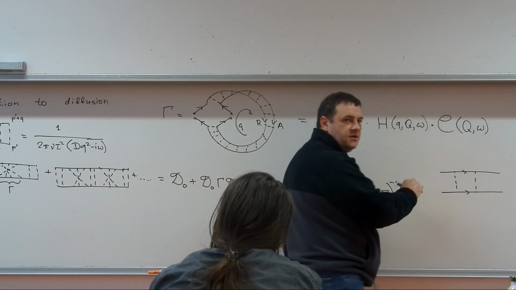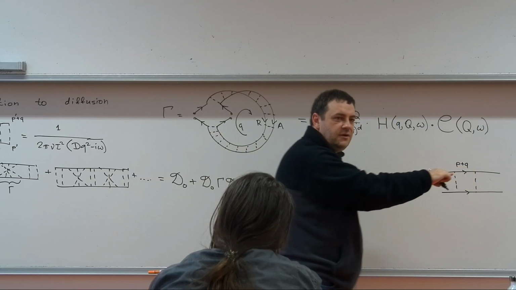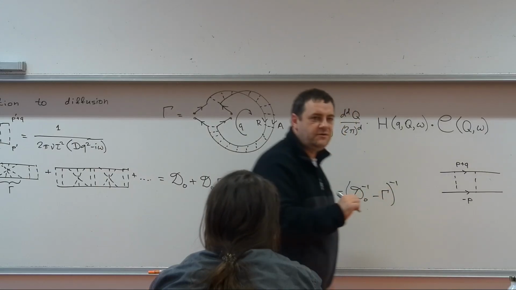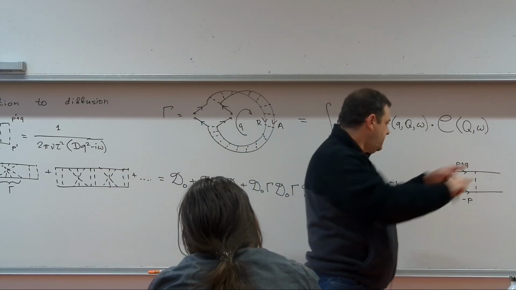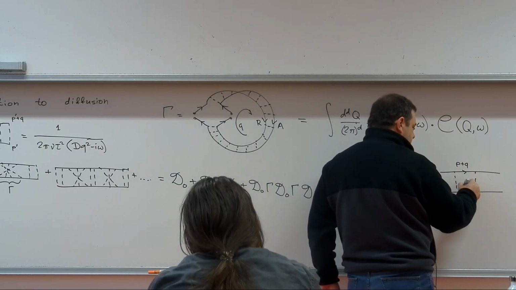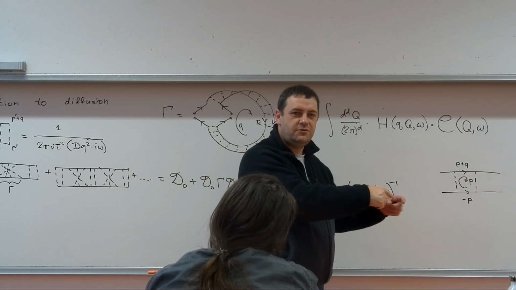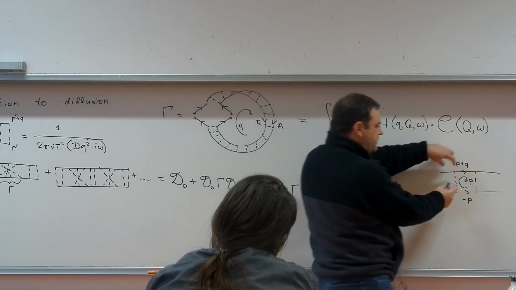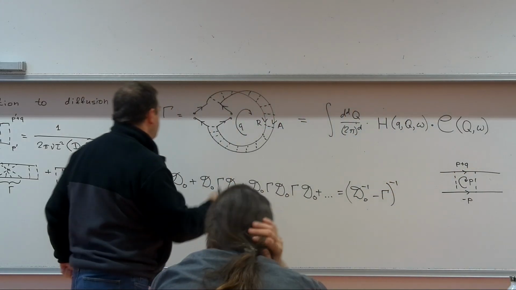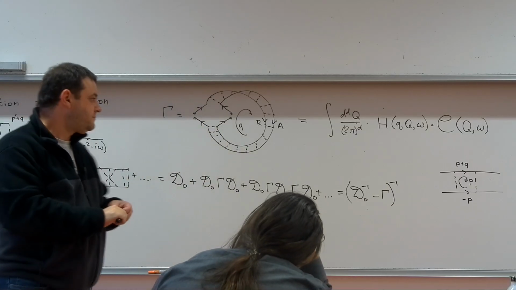And in each step, you have momentum P plus Q on the upper line and momentum minus P on the lower line, such that the total momentum that propagates, the sum of them, equals Q. Then I say there is a momentum P running in the loop, so we integrate it out. We have something which is function of only Q, and then we sum up the ladder. This is what happens inside the couperon. And what happens inside this thing, I will draw in a minute.